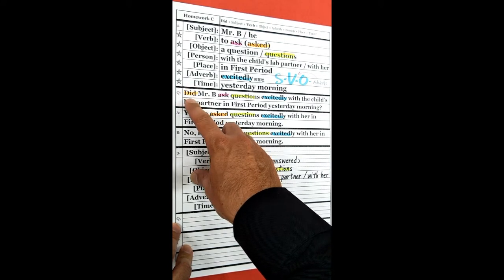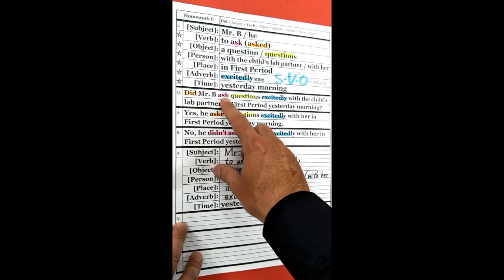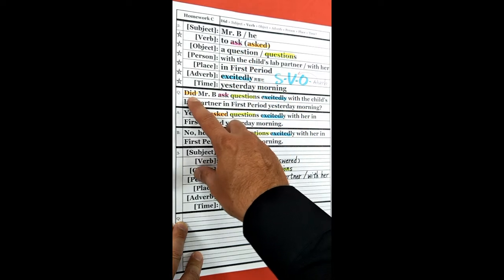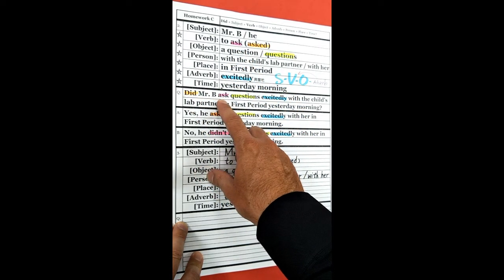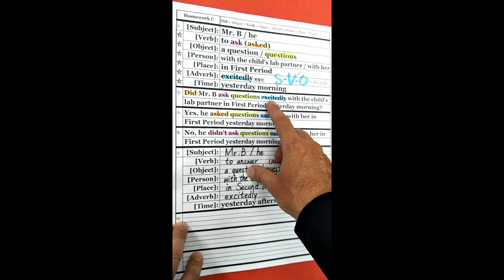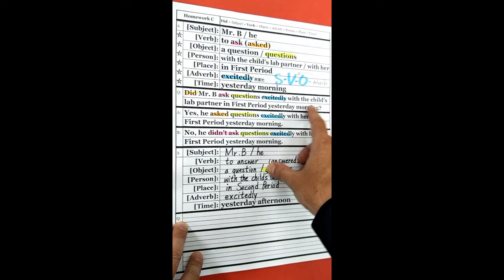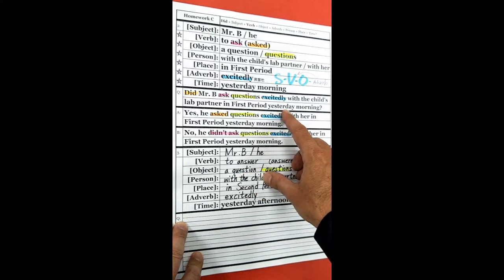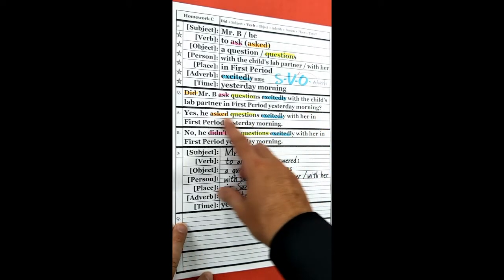This tells you past tense. When we ask a question, we use this verb. Did Mr. B ask questions excitedly with the child's lab partner in first period yesterday morning?